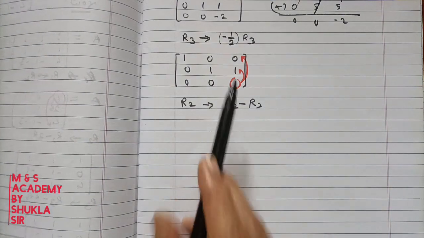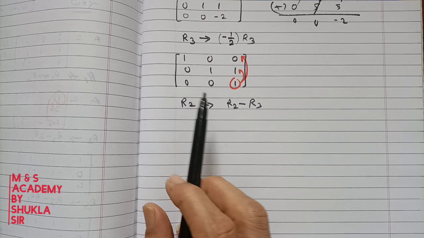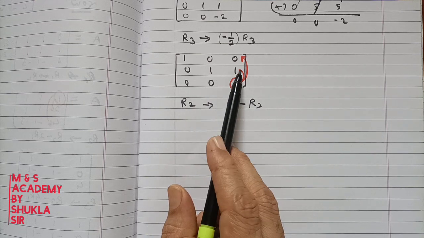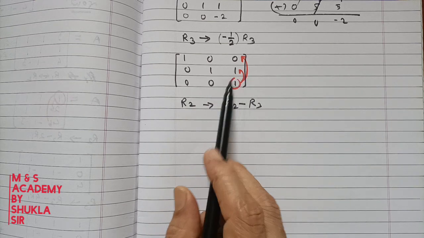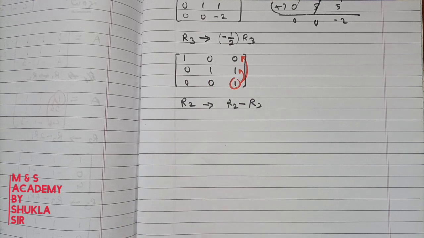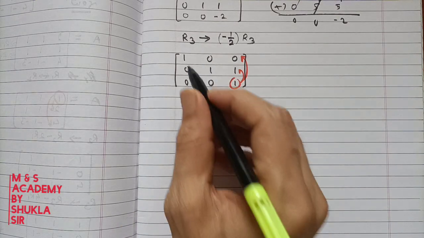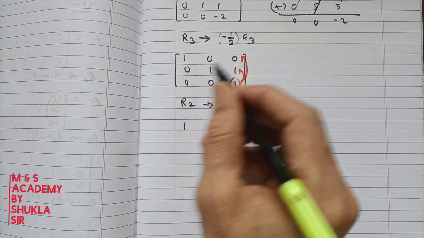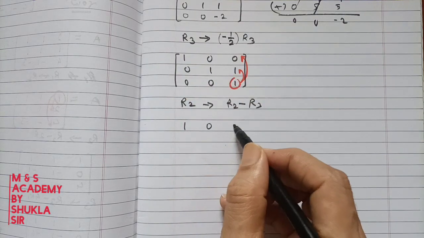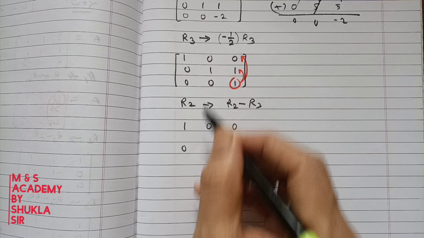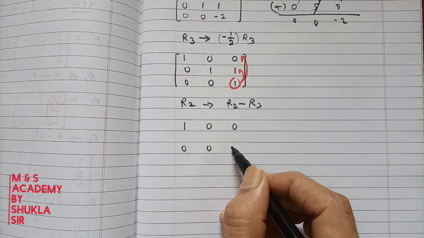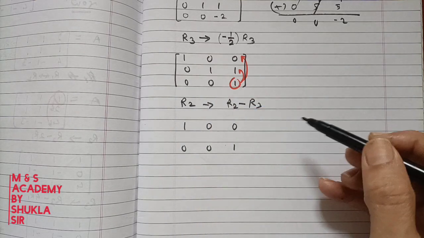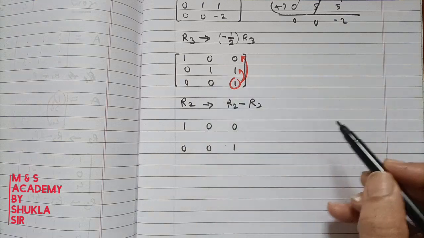We focus the element on the row. This is 1, so no need for any multiplication number. So we'll write the row which is not going to change. 1 0 0, this is 0, this is 0, this is 1, and we write the element which is going to change.